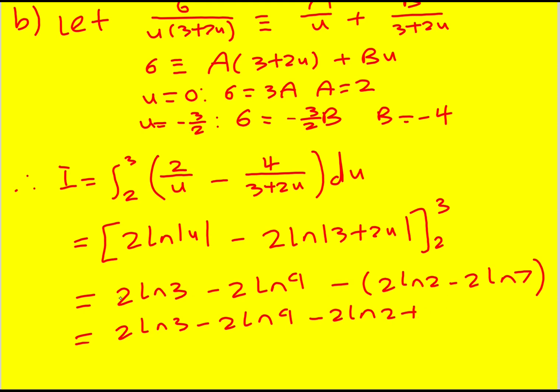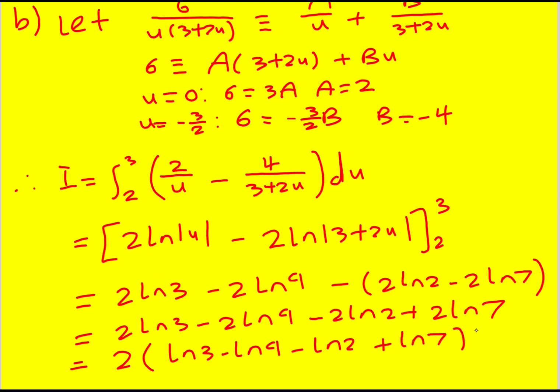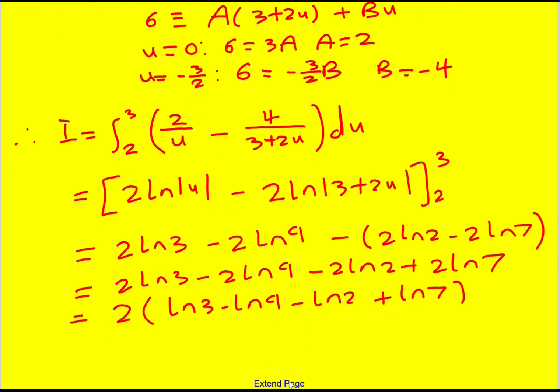So your options are you could bring the 2 up on all of them, or you can essentially factorize out the 2 and write it as ln 3 minus ln 9 minus ln 2 plus ln 7. Now we can bring the logs together.